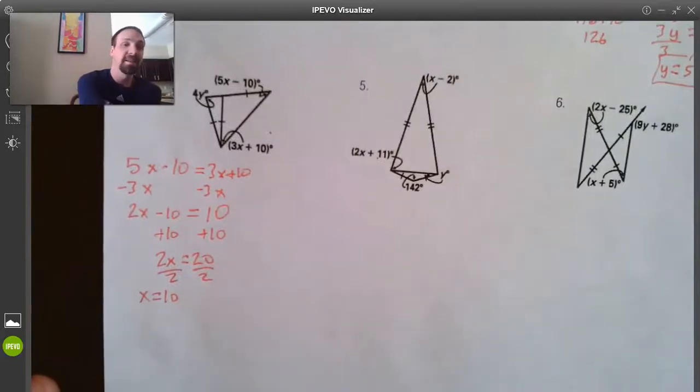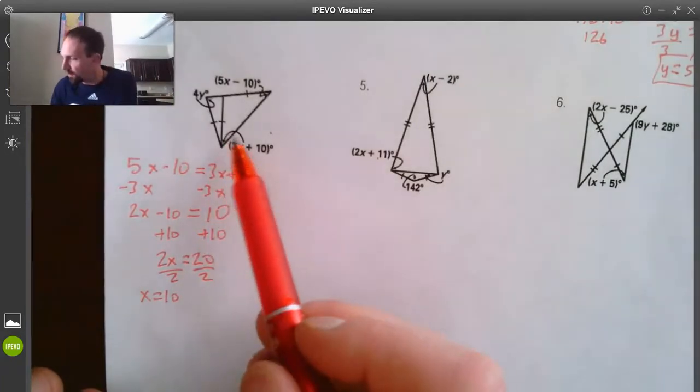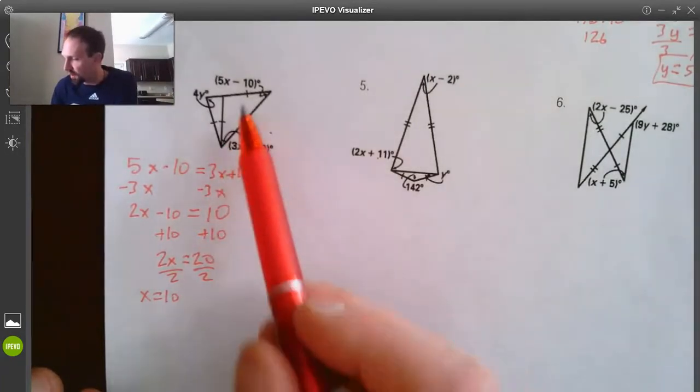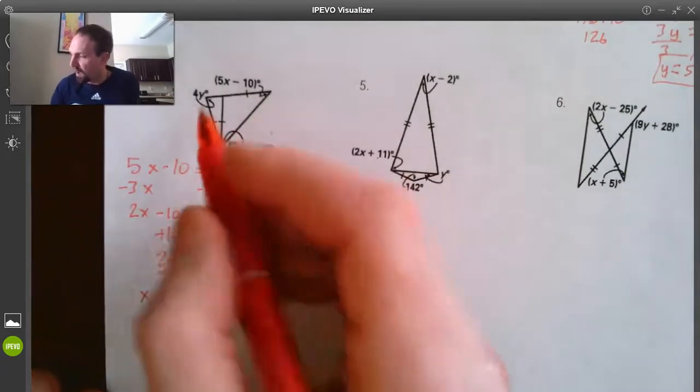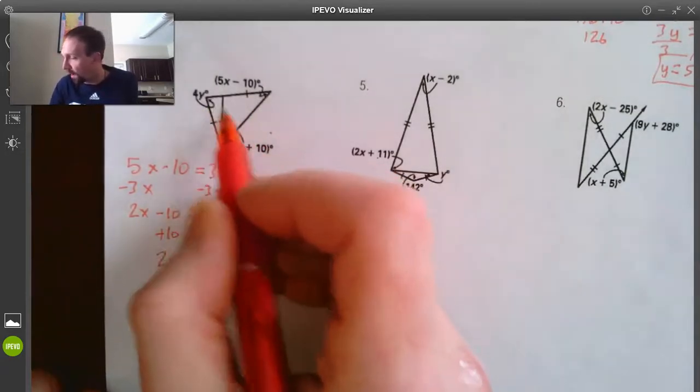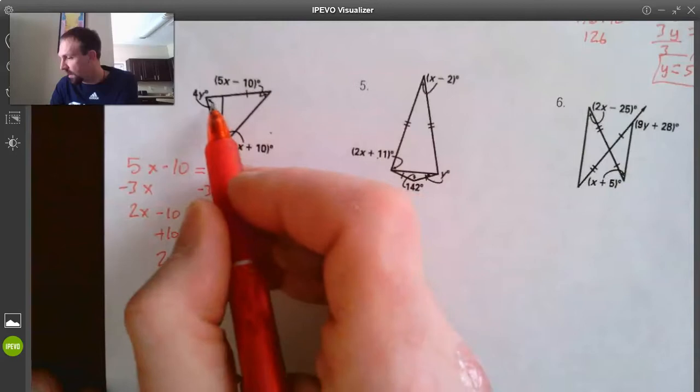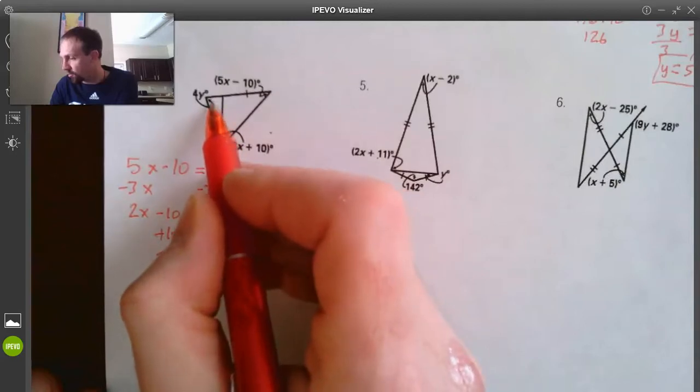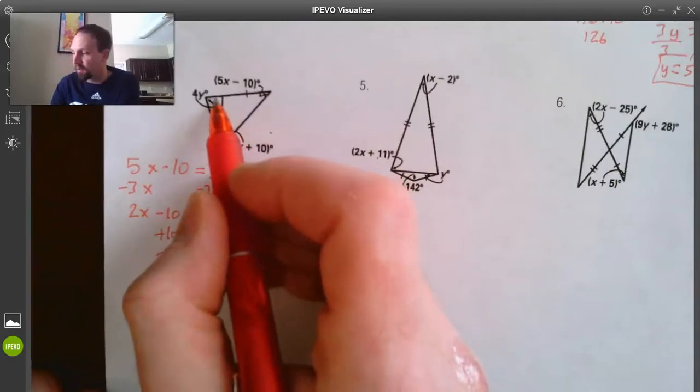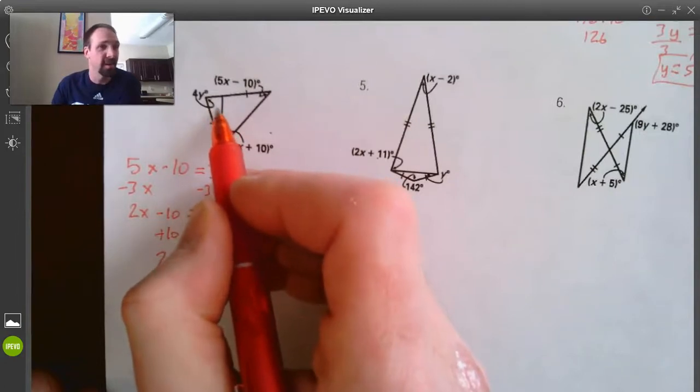I know that this angle measurement with the 3x plus 10 here, this part here, I know that this 4y, this angle measurement here, is congruent to this angle measurement here.